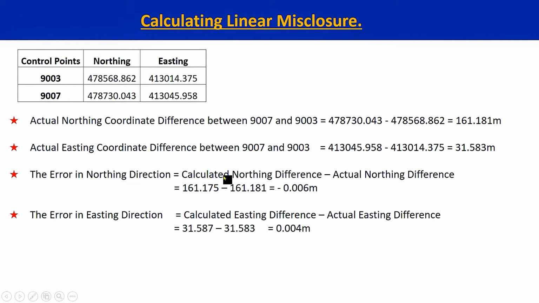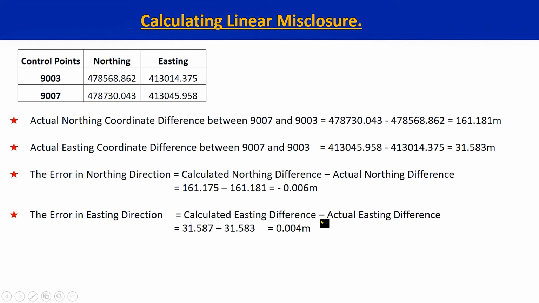So the error in the northern direction is the calculated northern difference minus the actual northern difference. The calculated northern difference is 161.175 meters, and the actual one found from the coordinates of GPS points is 161.181 meters. So there is a 6 millimeter error, but it is in the minus direction.